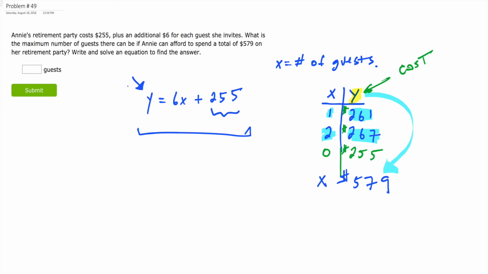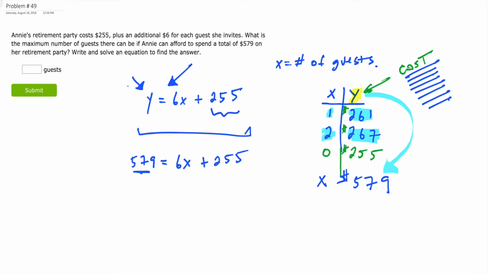This is the equation. In terms of words, y is the cost. Y is the cost. Okay, so 579, then what? Did you know that y was the cost?